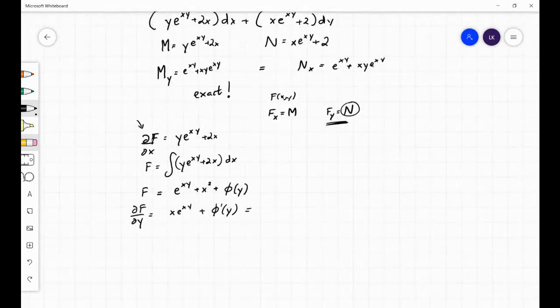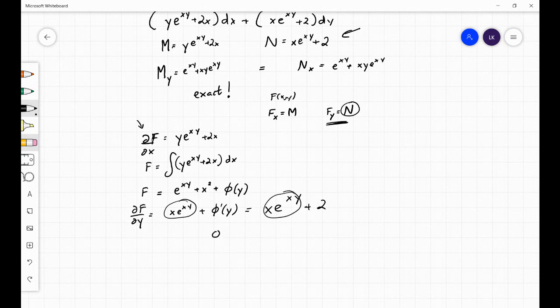All right, so here's n. And if you look at this equation, both of these terms are on either side of the equality, so they cancel. Then you're left with phi prime of y is equal to 2. So this function is equal to 2 times y up to a constant of integration.